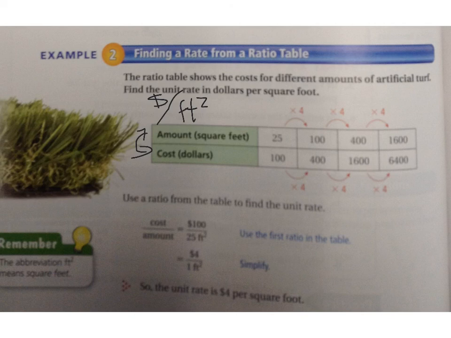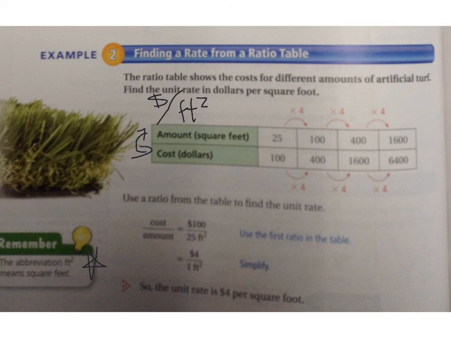Sometimes your book or your information is not necessarily in the right order, so you have to pay attention to that. It also has a little memory note off to the side where you need to remember that the abbreviation for square feet is feet with a 2 in the sky.